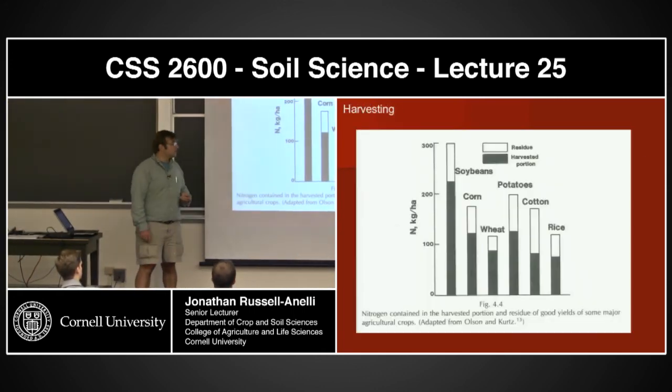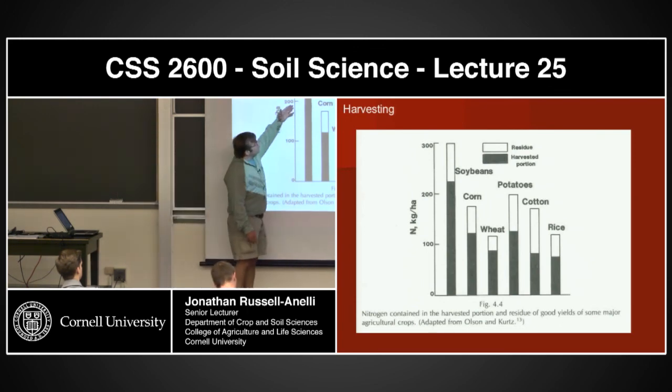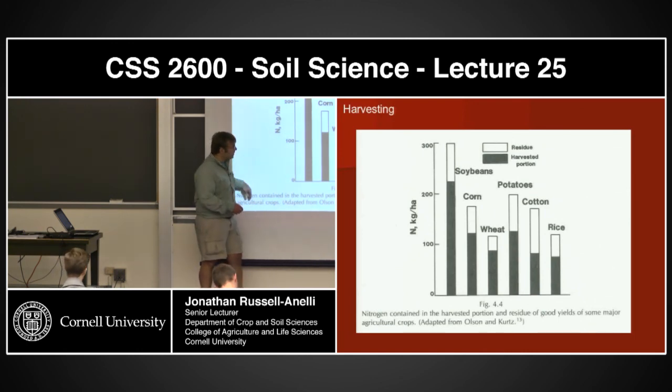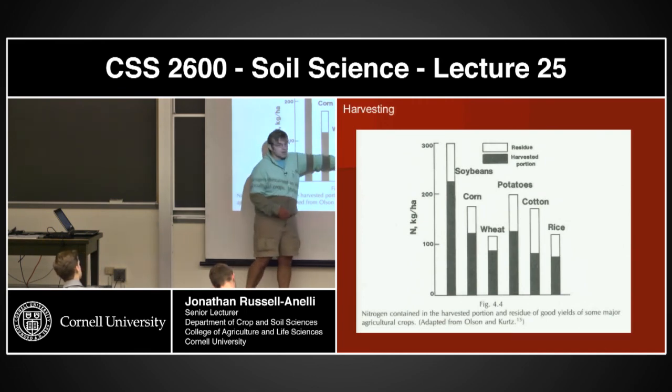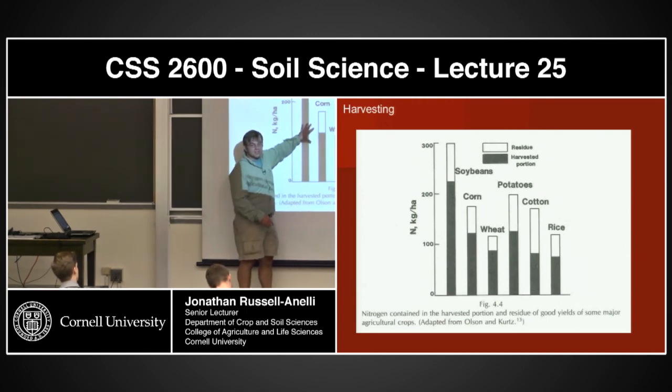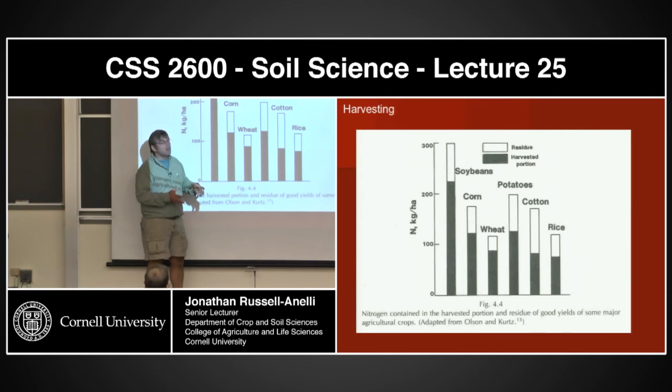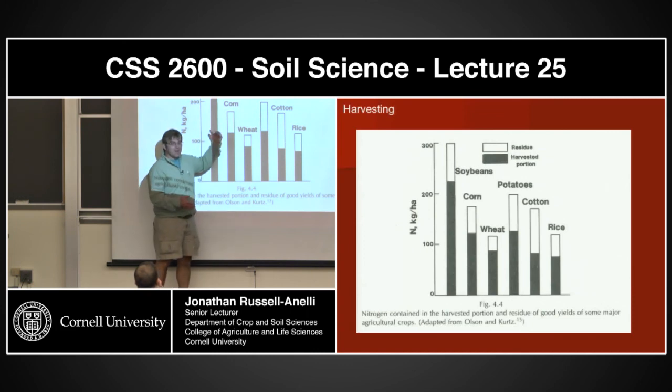Other potential losses is harvesting. Now, the white part is basically the residual, the black part is the material that we actually harvest. And if you look at this, you can see the different types of crops and the different responses from harvesting versus what's being left behind. So in theory, anything that's white can be left behind and added back as soil organic matter into the system.